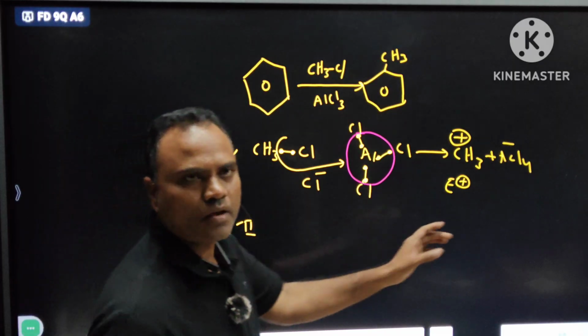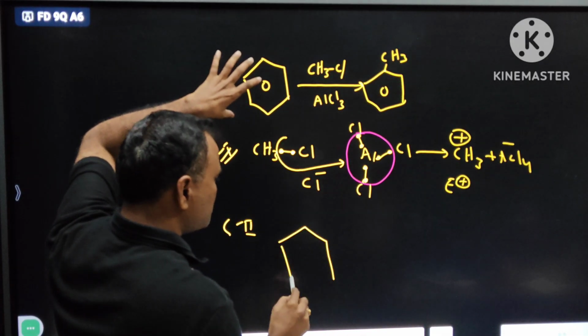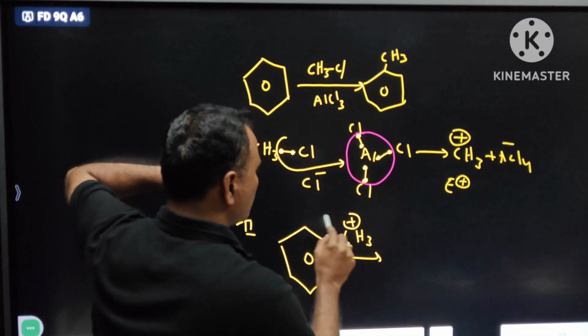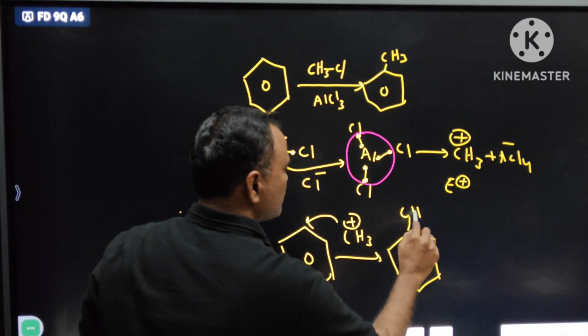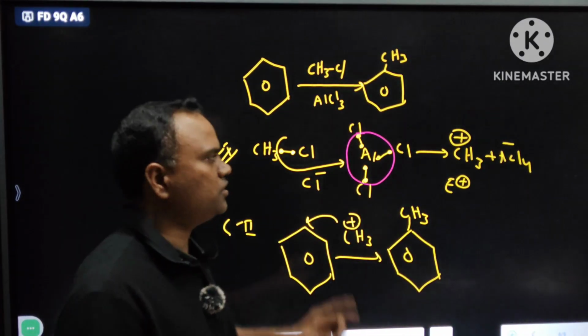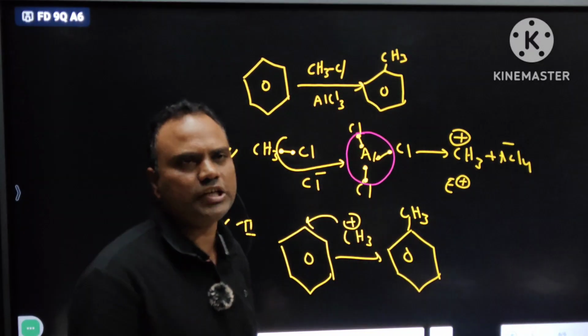Step 2 is, after generation of the electrophile, the benzene will be attacked by that electrophile. This is the Friedel-Crafts reaction and it is useful in every chapter. Remember the Friedel-Crafts alkylation mechanism. Step 1, electrophile generation takes place, and step 2, attack of the electrophile will take place.